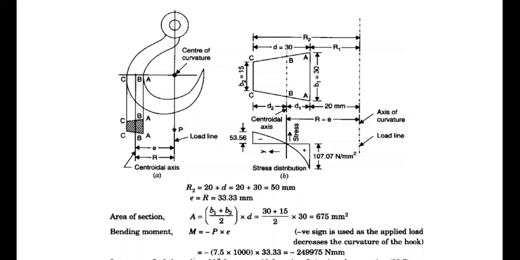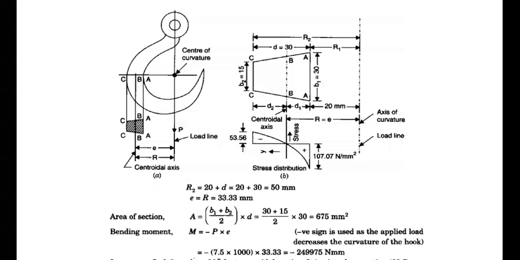Here you have some notations: sections AA and CC are the trapezoidal cross section, and from the central axis you have an eccentricity, and the eccentricity is equal to the R value, the radius of curvature. So R equals e here. There is an external load P at a distance of e. The same distance e represents the radius of curvature also in this particular figure. So R equals e. That is the basic point you have to remember, from the figure.